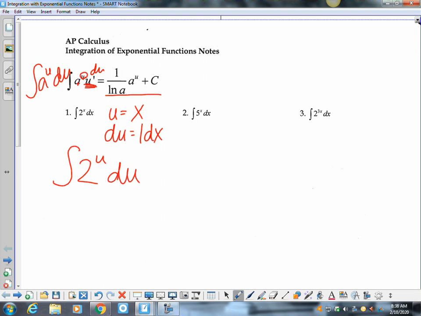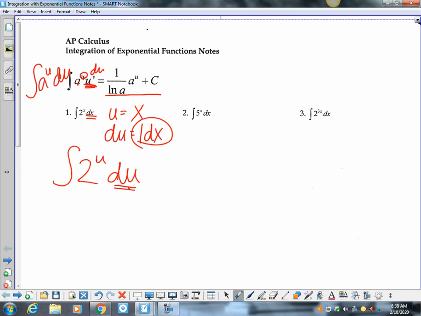I just replaced my x, y'all told me to let the u be the x, so I replaced it. My du is 1 dx, which I have. So I have 2 to the u du. I've done no calculus yet. It is that step, yes.